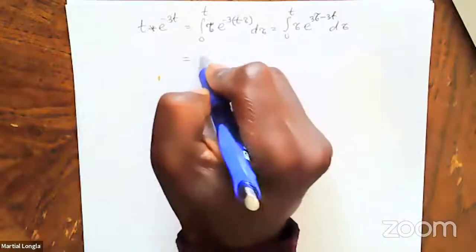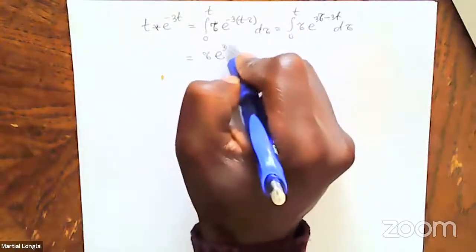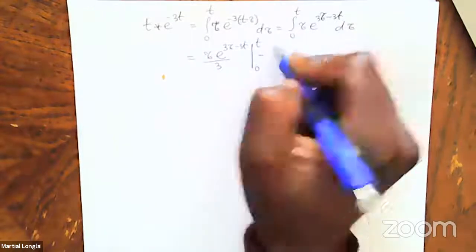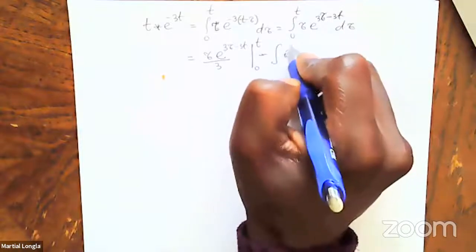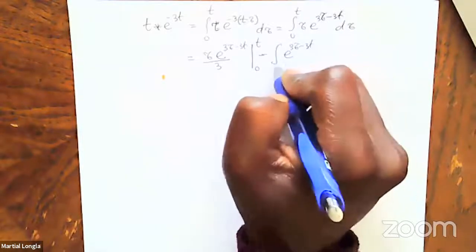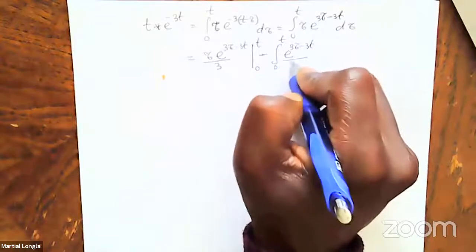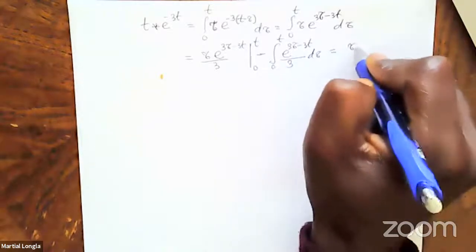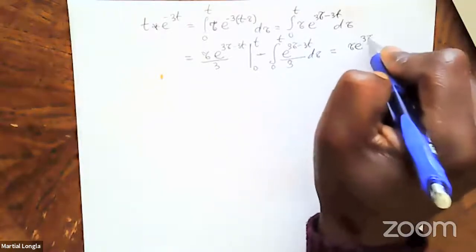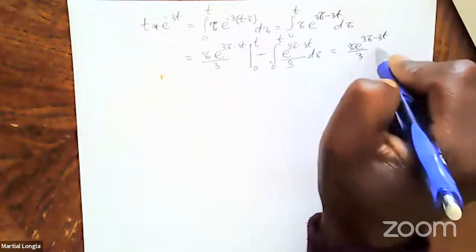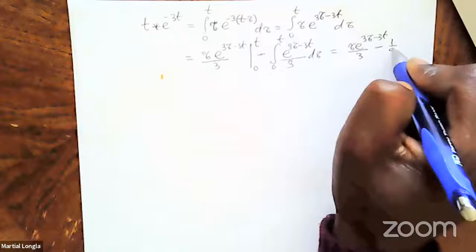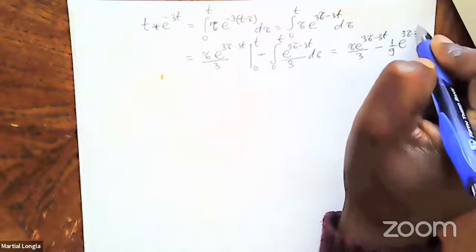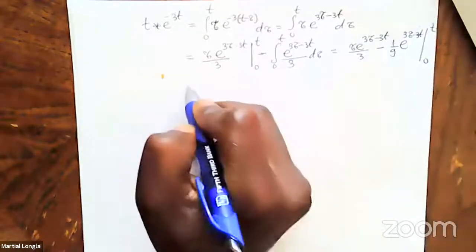Now that's equal tau e to the 3 tau minus 3t over 3, 0 to t, minus integral of e to the 3 tau minus 3t, 0 to t over 3 d tau. And that is tau e to the 3 tau minus 3t over 3 minus 1/9 e to the 3 tau minus 3t.